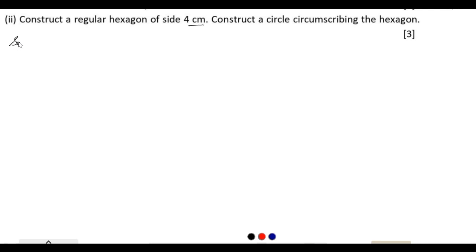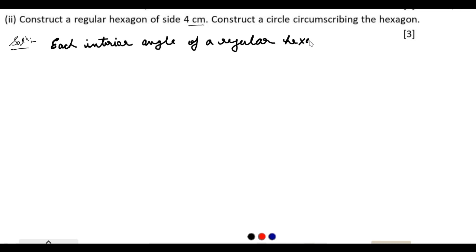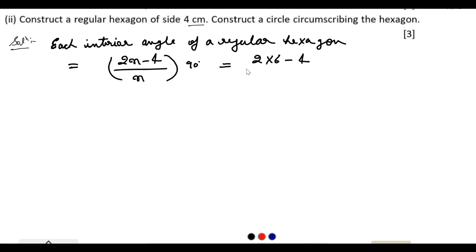You can calculate it by this formula: (2n minus 4) upon n into 90 degrees, where n is the number of sides and here it is a hexagon, so n is equal to 6. That is 120 degrees.